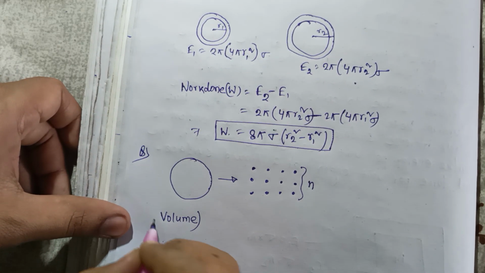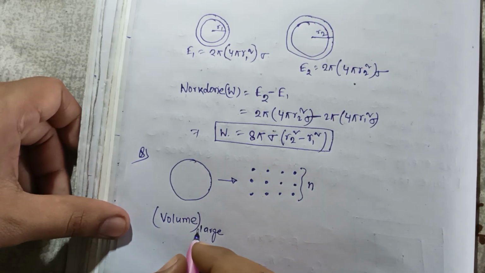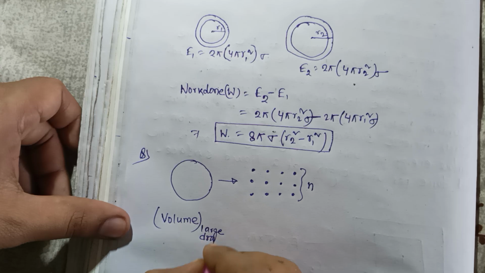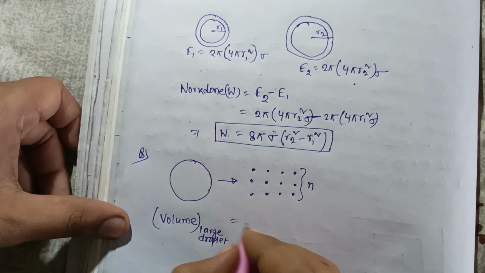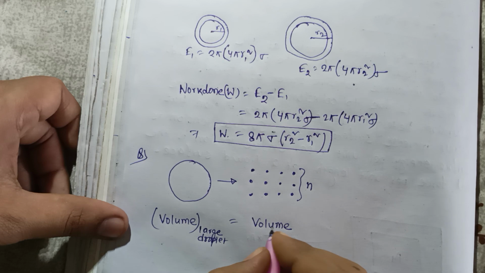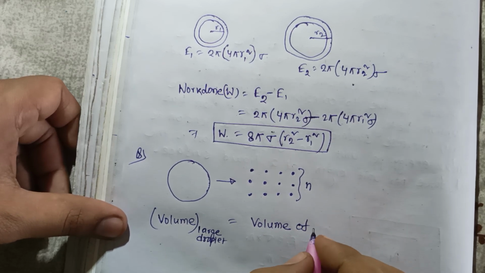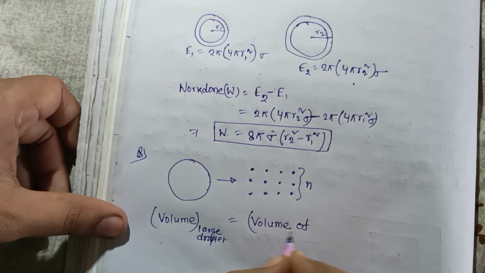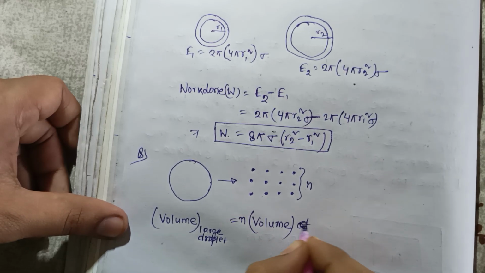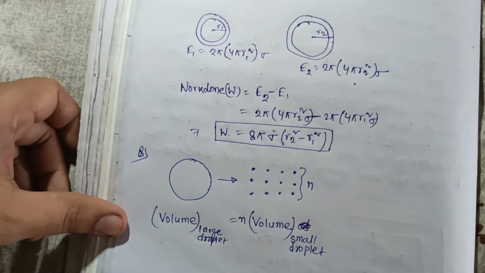From the question you can say that the volume of the large droplet equals n times the volume of a small droplet.